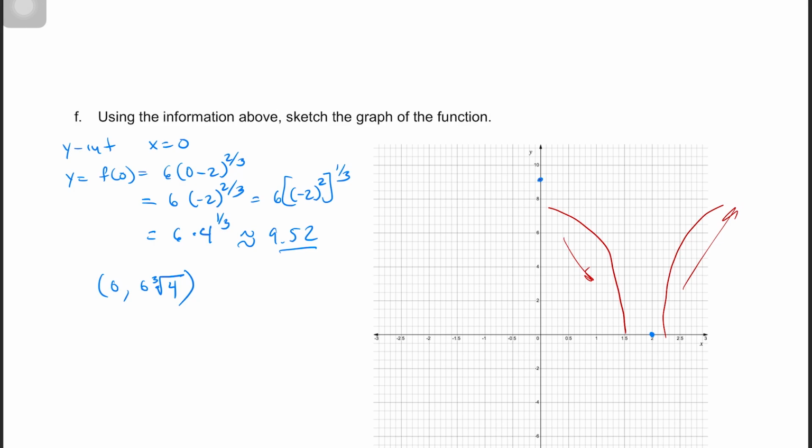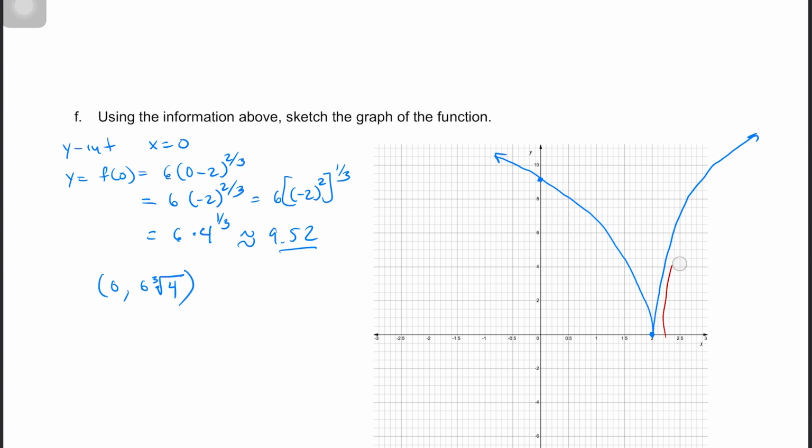So what I'm trying to show you guys is how you would graph this, right? That means you have to pass through this point, and you have to be in that form. So you have to be decreasing, but in a concave down, and then you have to be increasing, but in a concave up. So this is how it's going to look like.